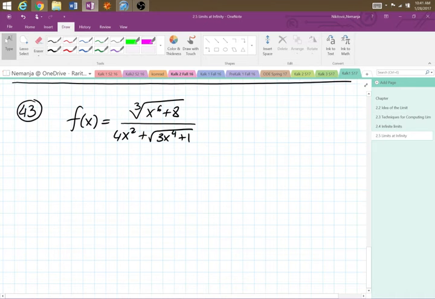Anyone else? Squared is right. So what do we actually have? We have x to the 6 under a cube root, which is also x squared. We have x to the 4th under a square root, which is also x squared. So technically, all of the leading terms are x squared.